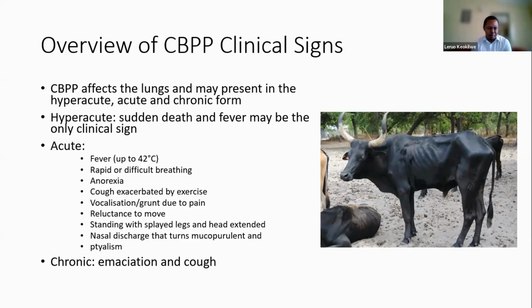You may not even perceive the hyperacute form, but the acute form is where you are likely to see the clinical signs, as has already been discussed. And then in the chronic presentation of CBPP, you will see emaciated animals with a cough.